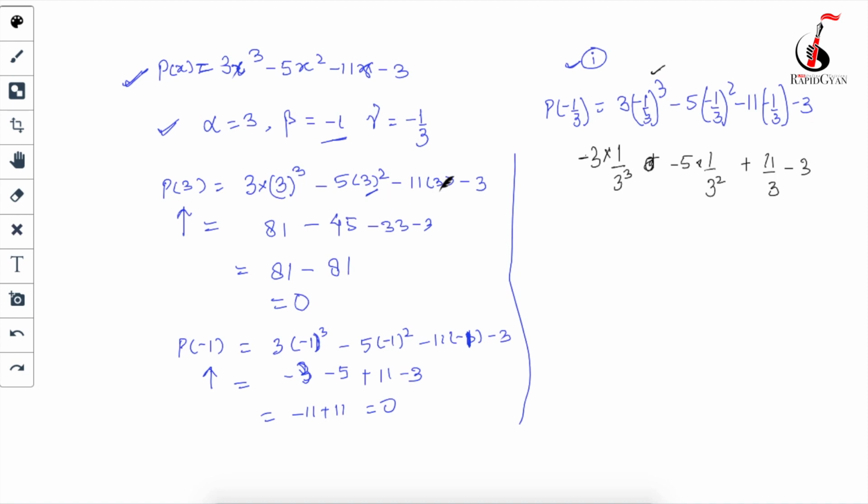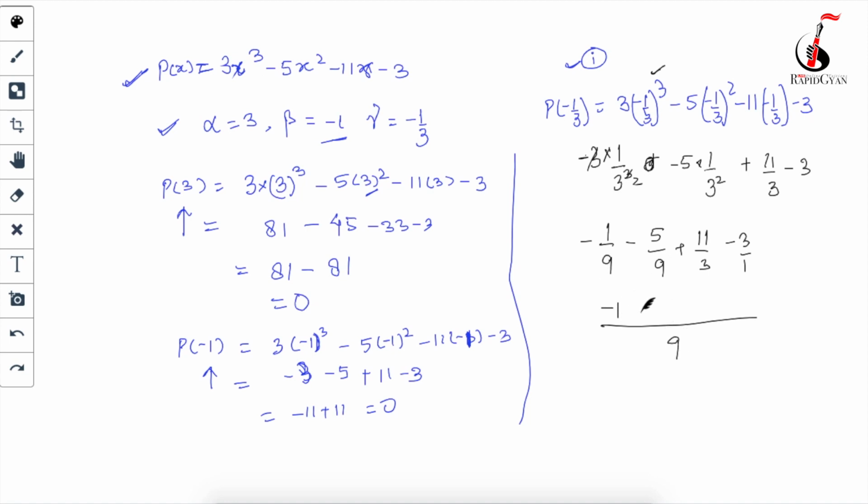Okay, so see here, from the 3 outside, one 3 will be cancelled, it's 3 squared. So this is 1 upon 3 square, which is nothing but 1 upon 9. So minus 1 upon 9 minus 5 upon 9 plus 11 upon 3 and minus 3. This I can write as minus 3 upon 1. What I will have to do now? I will have to take the LCM. So LCM of this will be 9.